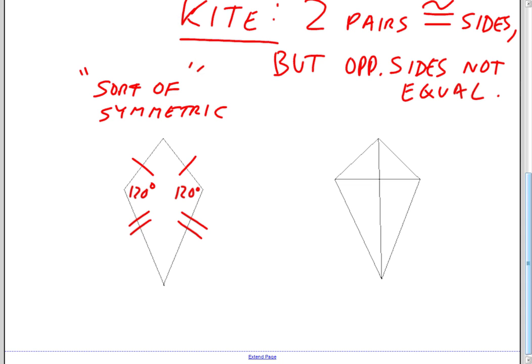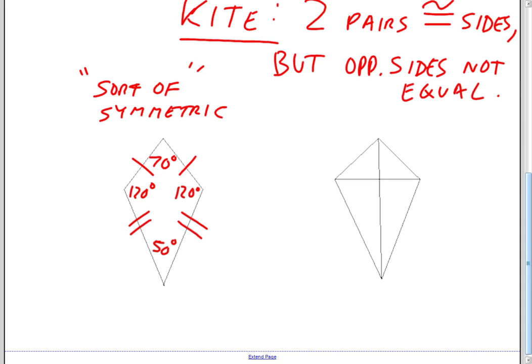The way these are set up, it's symmetric from left to right, but not necessarily from top to bottom. Let's put 70 degrees here. If this was 70 degrees, or if this was equal to this, then it might be a parallelogram, and that's not what we want. So 240, 310, this would be 50 degrees.